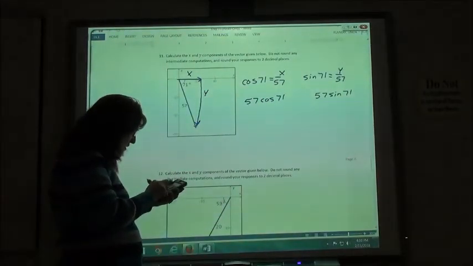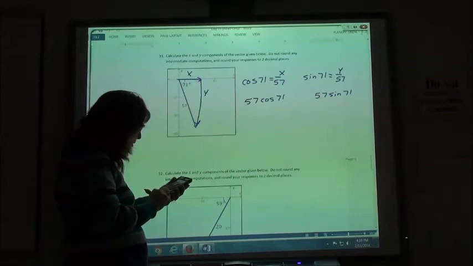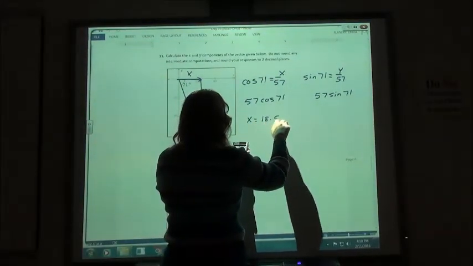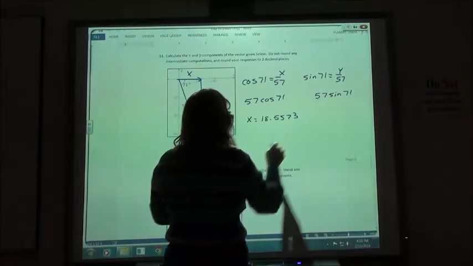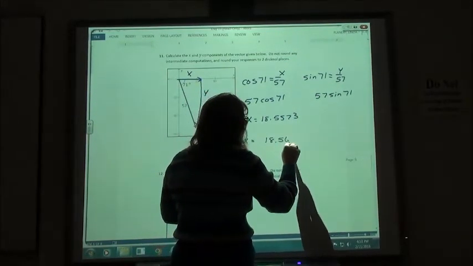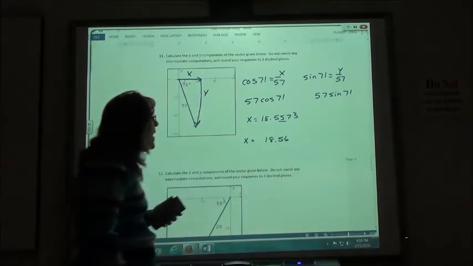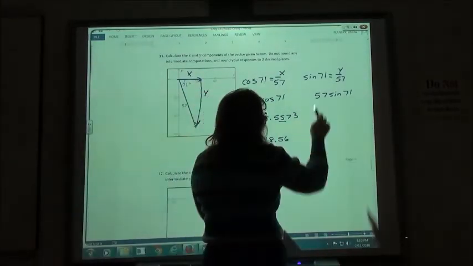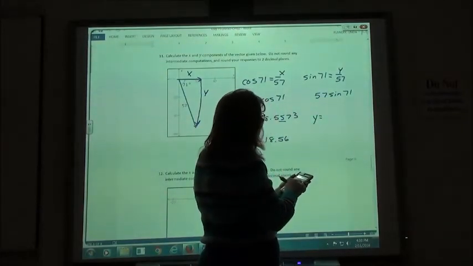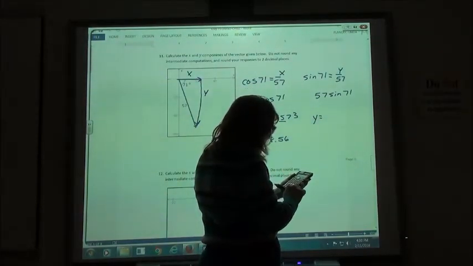So 57 times the cosine of 71 degrees for x would be 18.5573. So x is going to be 18.56, since I have to round that up. Over here, y is 57 times the sine of 71.